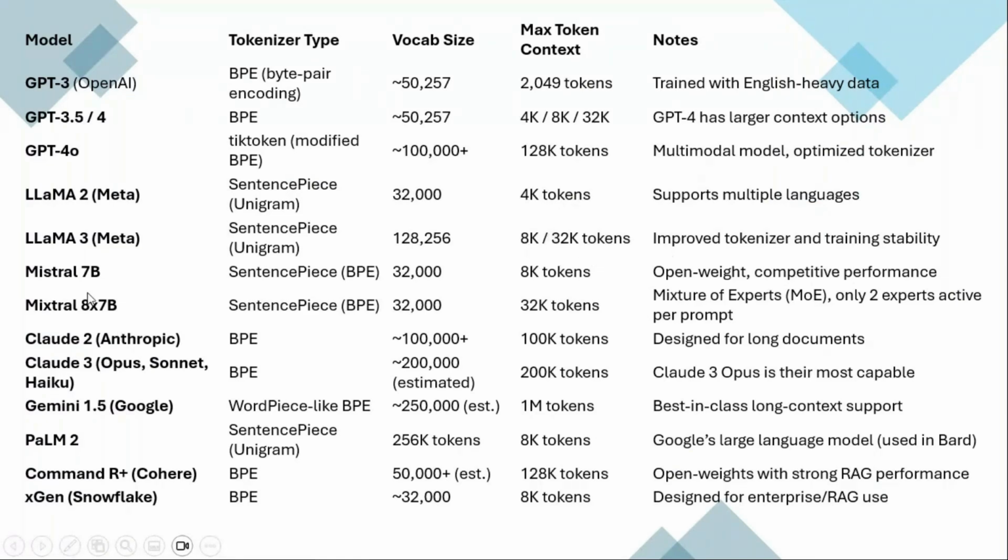With respect to the different models, different vocab sizes are there, and based upon the vocab size the tokens are generated. This vocab size plays a critical role once the token IDs are generated, and it has a positive impact on the performance of a particular model.